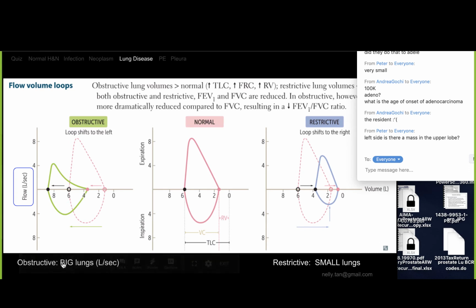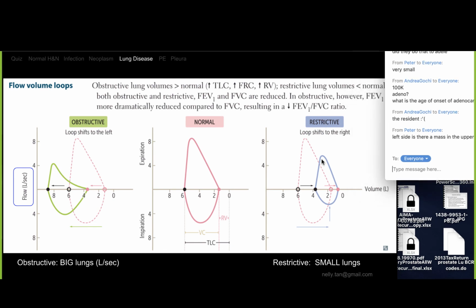Okay. The flow volumes, this is coming to you from First Aid. So this is normal flow volumes. And in restrictive, where the interstitium is bad, it moves to the right. So the flow volumes decrease because the interstitium is bad.